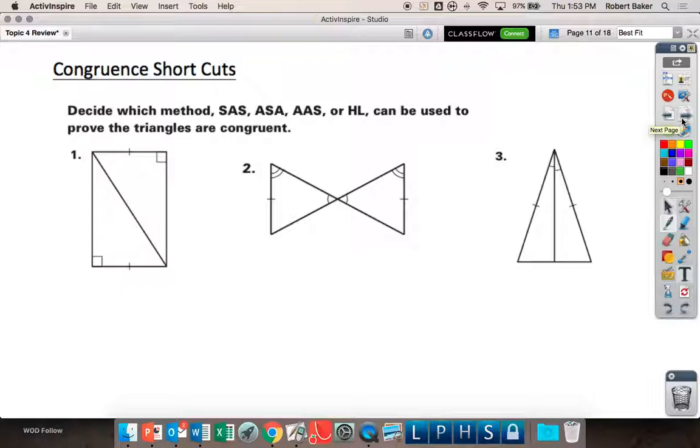Alright, just like your problems yesterday, all 43 of them. It says, which shortcut proves that these two figures are congruent? What about number 1? What does that look like to you? So this is important right here. HL.